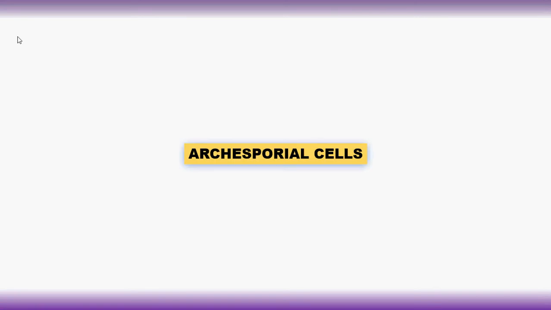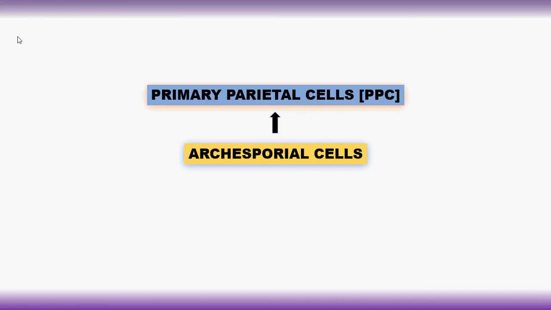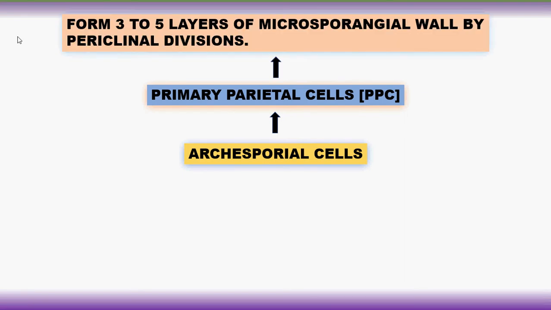On maturation, the microsporangium produces archisporial cells. These archisporial cells undergo transverse division or periclinal division. During this division, the cells which are formed towards the outside are called primary parietal cells, which are further divided to form 3 to 5 layers of microsporangial wall.